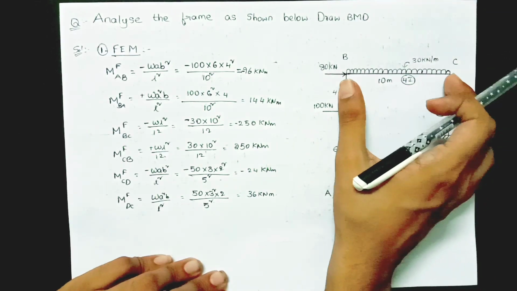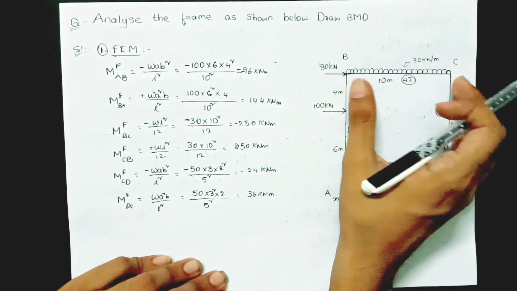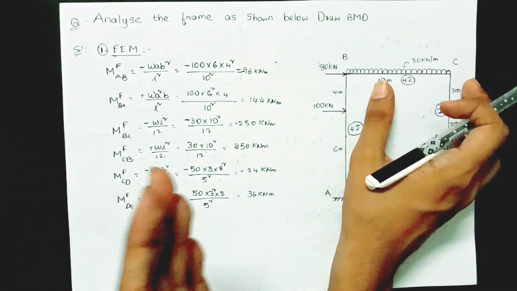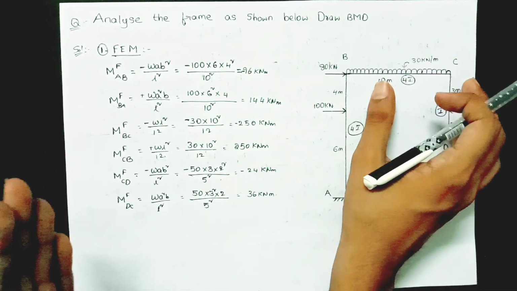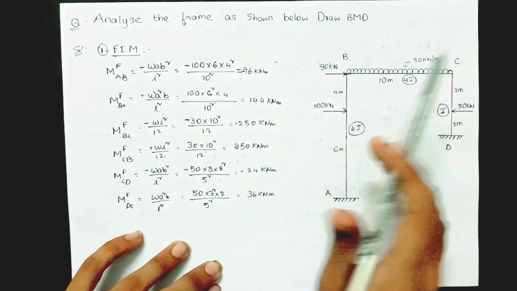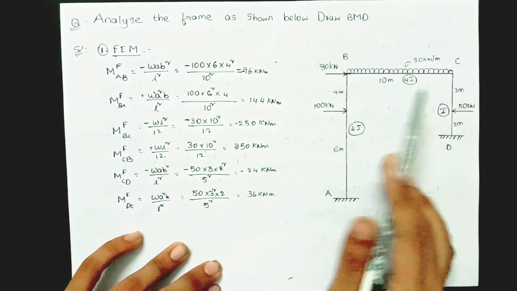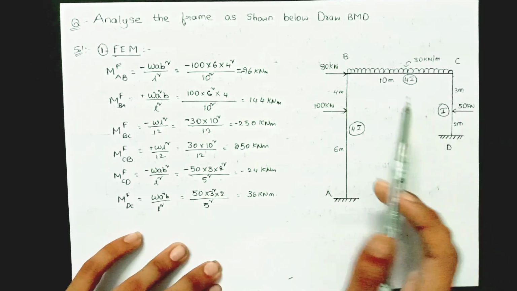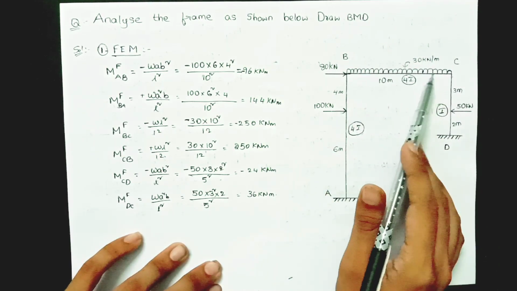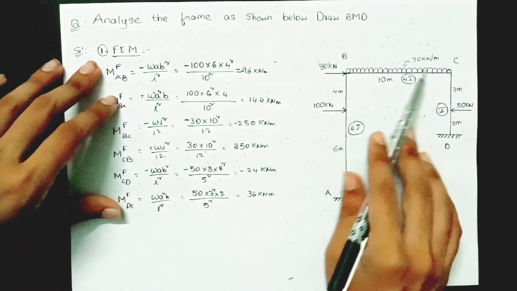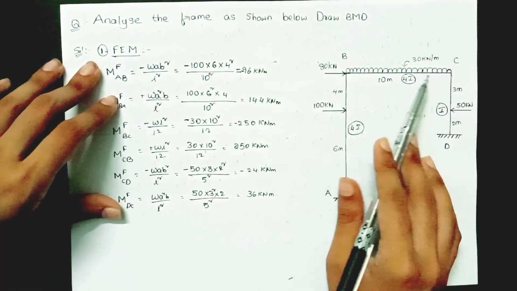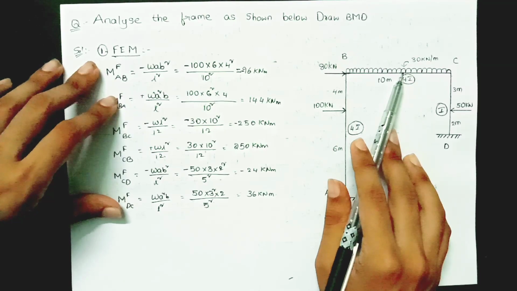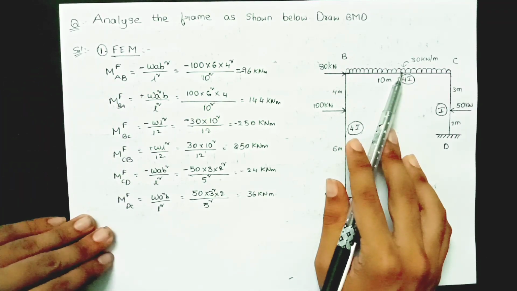The beam is initially in this position. After swaying, it just displaces to the right side. So the swaying is only in the columns. So only for the column members the delta value will not be equal to 0, and for the beam members delta equals 0. BC and CB are the same member and it is a beam, so the delta value will be 0.